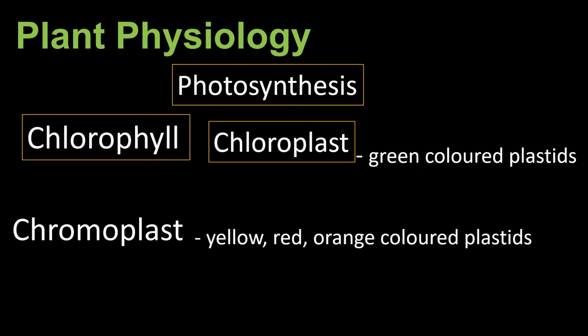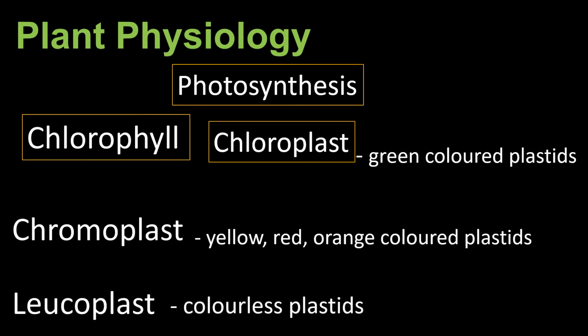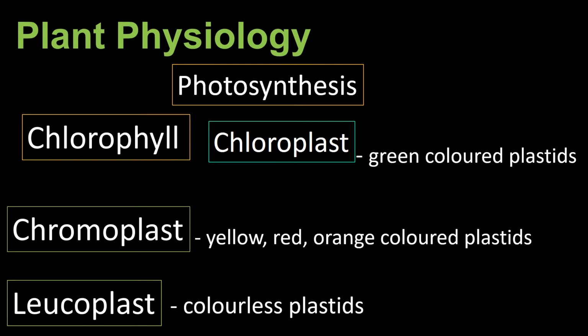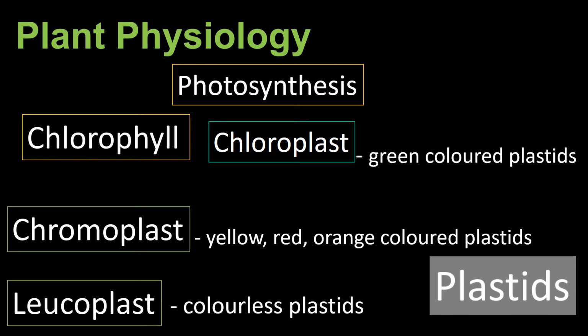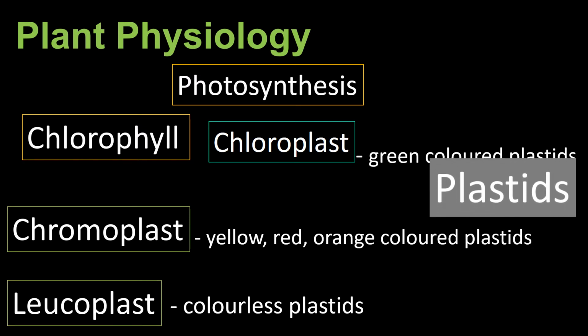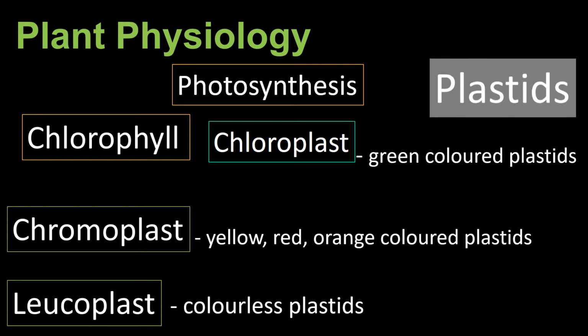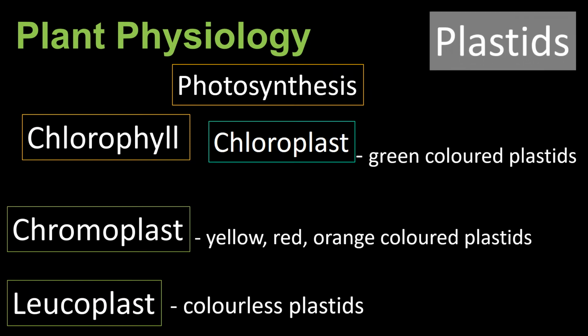Some plastids are colorless. Leucoplasts are colorless plastids. Chloroplast, chromoplast and leucoplast are the three types of plastids. Leucoplasts store food material. Chloroplasts are involved in photosynthesis.